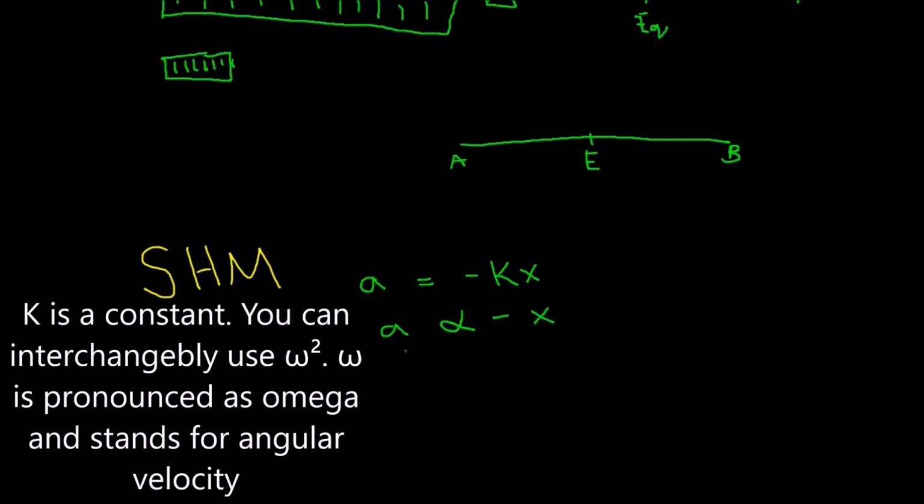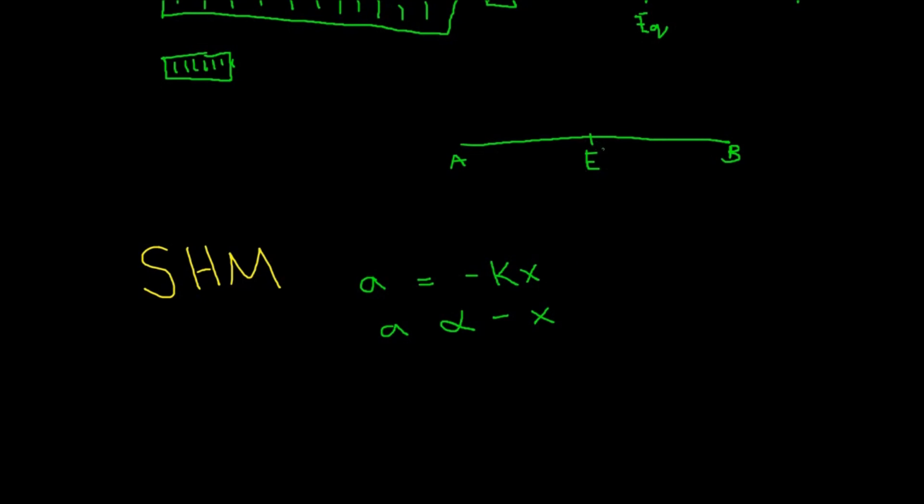What you're basically trying to say with this equation is that the acceleration is directly proportional to the distance from the center. So when you're at the center, there's no acceleration, but as you get further away, the acceleration increases. And what this minus sign represents is that the acceleration is always towards the center. So a is proportional to -x.